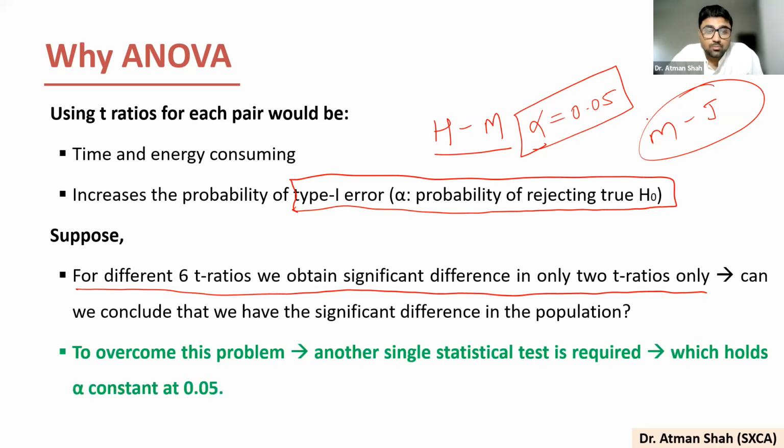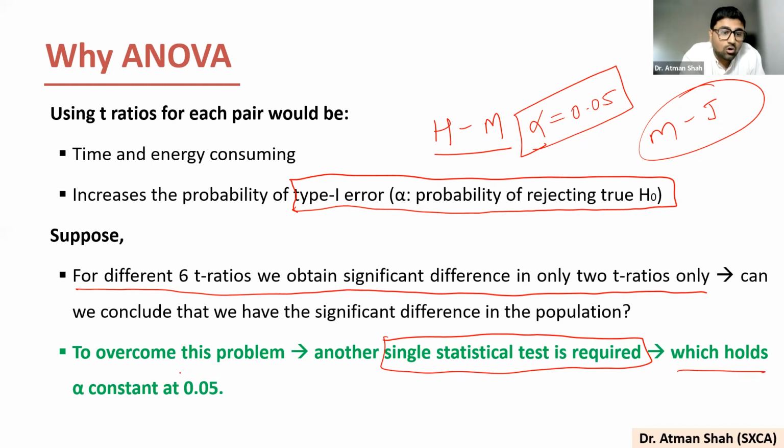To overcome this problem, another single statistical test is required. What do we require? We need a single statistical test which holds alpha constant at 0.05. That means we are not increasing the type 1 error.